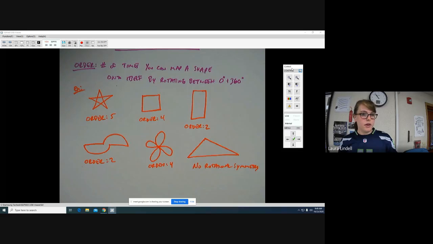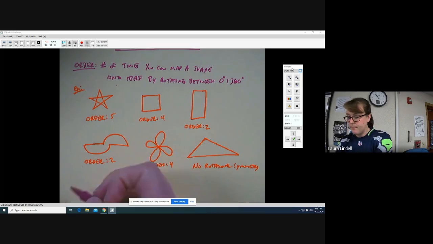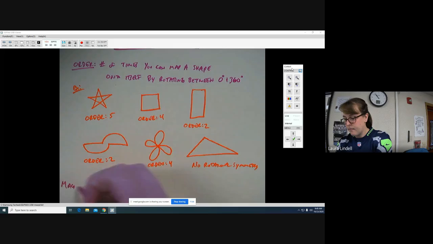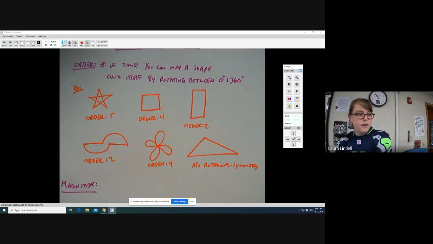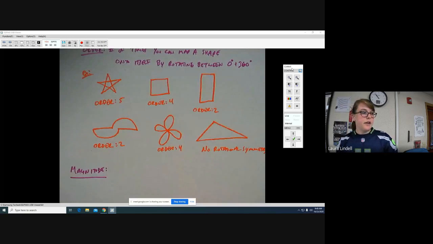So order is one of the things we care about. The other thing we care about is called magnitude. And magnitude is the number of degrees that you have to rotate it each time to get it to land on itself.